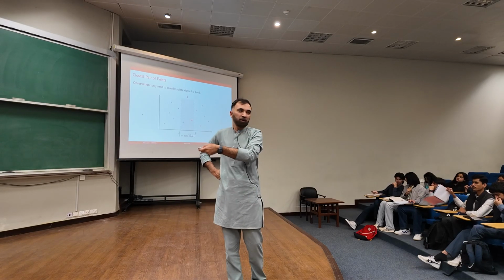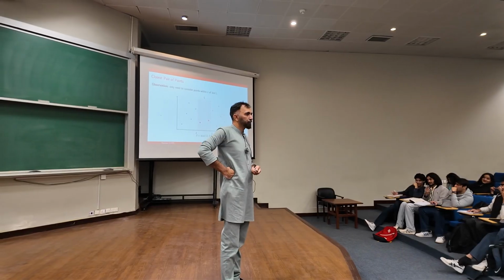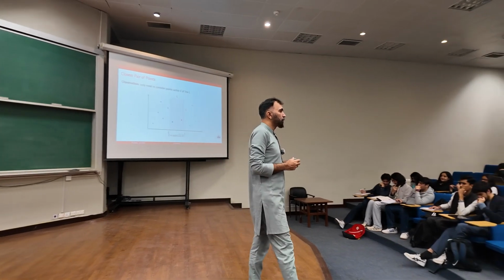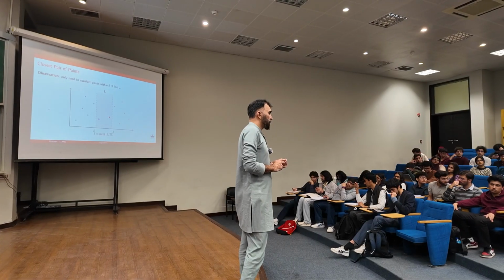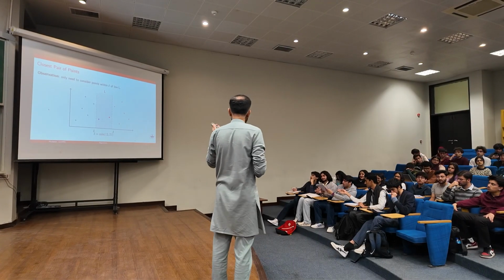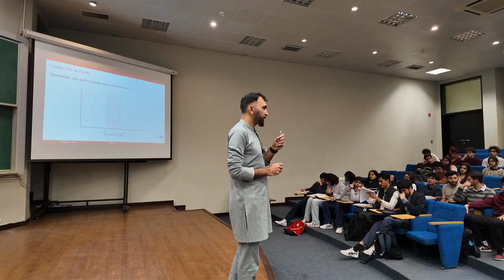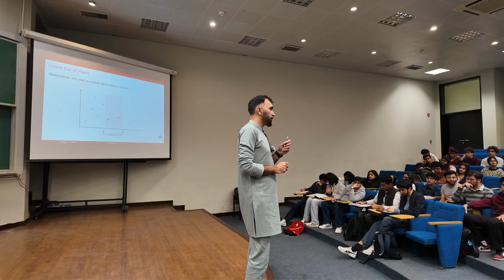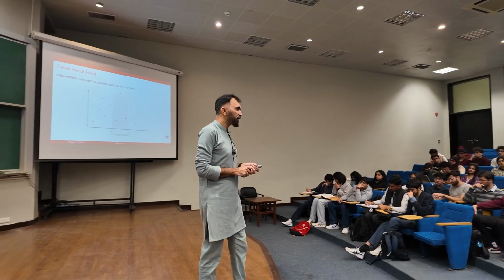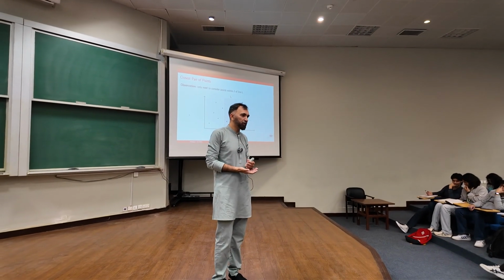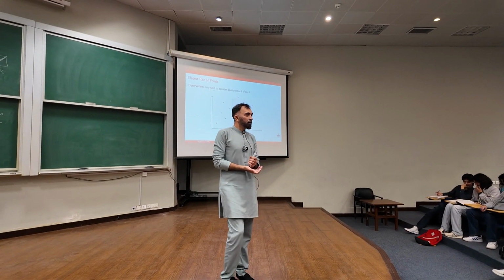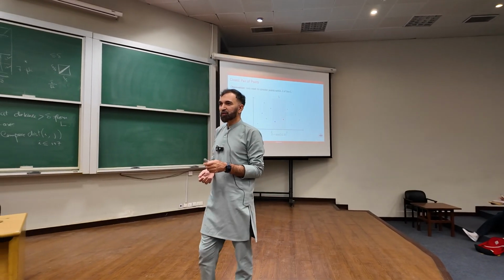So the minimum of these two numbers is my delta. But I have not found the closest pair overall, because I have only checked blue pairs and red pairs. That we have to do during the combine step. Combine step is actually where we do all our work, ultimately.